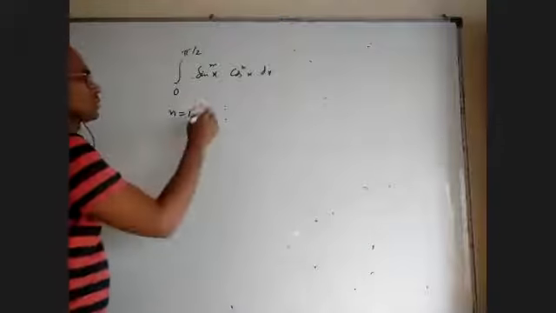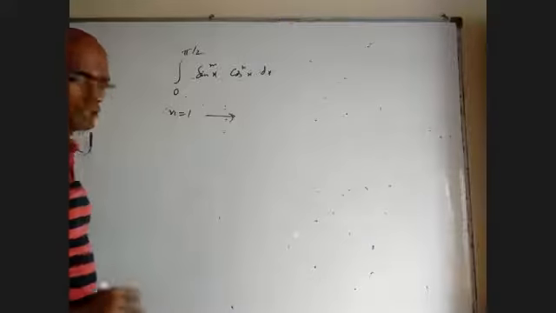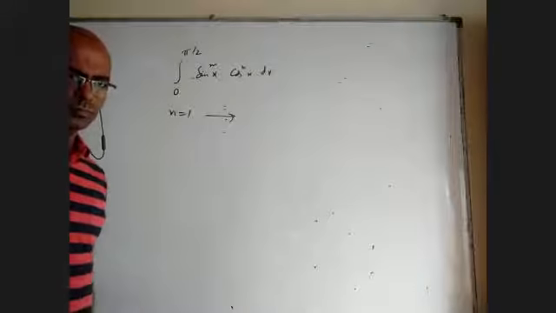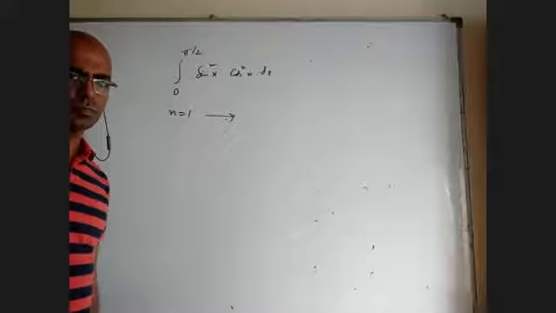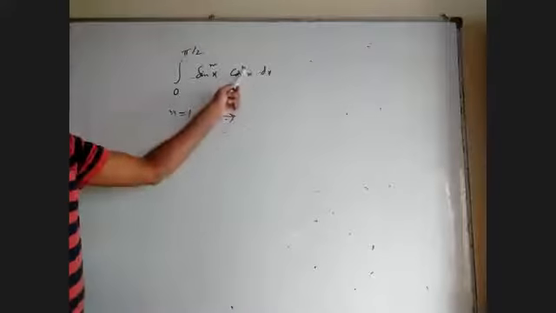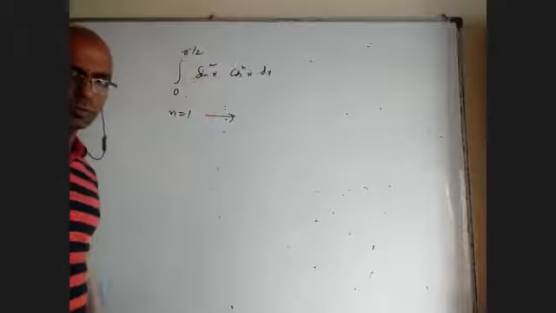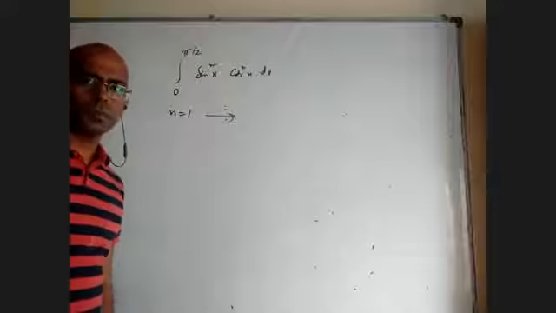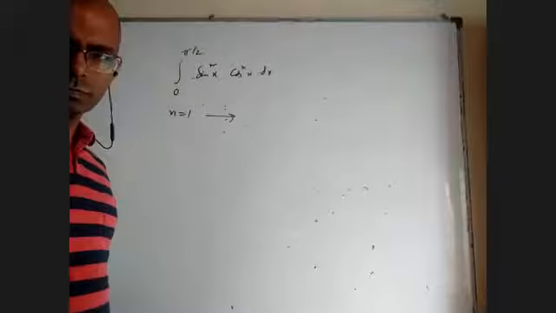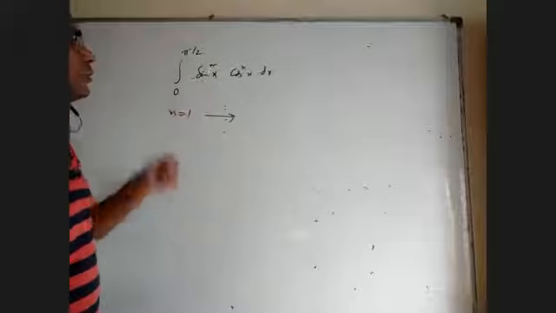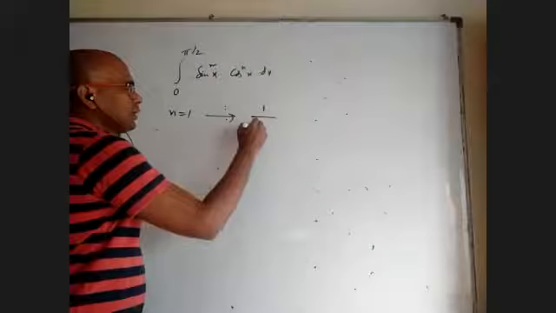When I take n equal to 1, what will happen to this? Anybody want to tell the answer? This power is 1 and m can be any integer, no problem, even non-integer also fine. Sin power m plus 1 by m plus 1, and when you put limits, the answer will be simply 1 by m plus 1.